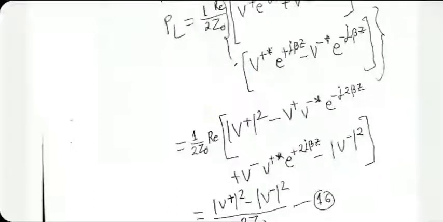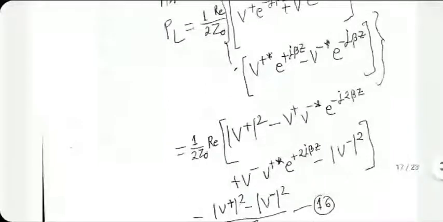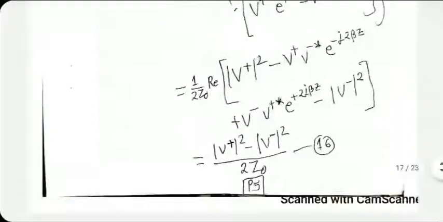You can do it yourself if you're not sure. And if you subtract the complex conjugate of a complex number from the complex number itself, the result is always imaginary. So if you take real part of this entire thing, the middle two terms will not matter. They'll have no real part. As a result, the power simply works out to what is given in equation 16.